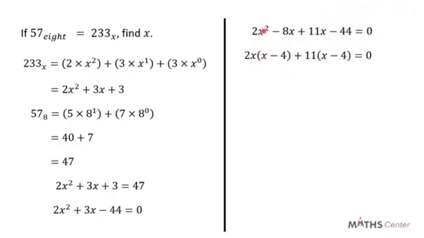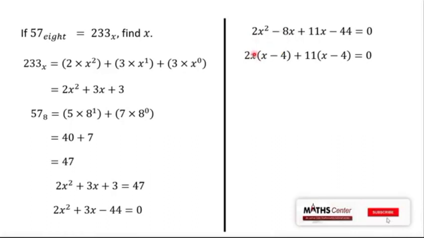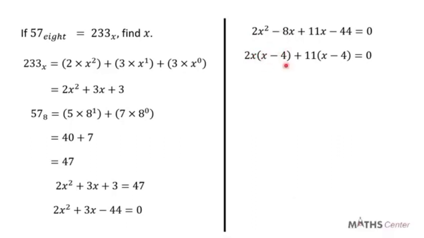We can now easily simplify this. We have 2x squared minus 8x. The common factor among these two is 2x. So I'll bring 2x and then put x minus 4 into a bracket. Then plus, we have 11x minus 44. The common factor is 11. So I'll bring 11 out and then put x minus 4 into a bracket.